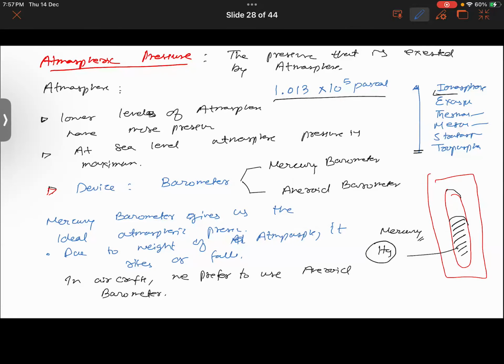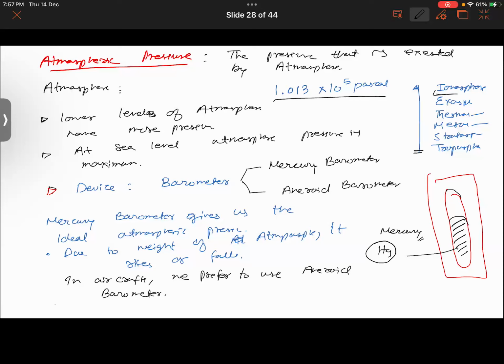It's 1.01325, you can extend it up to that also. Sometimes it would be written simply like this, because after the decimal there is a 0, so rounding it off gives you back 1.